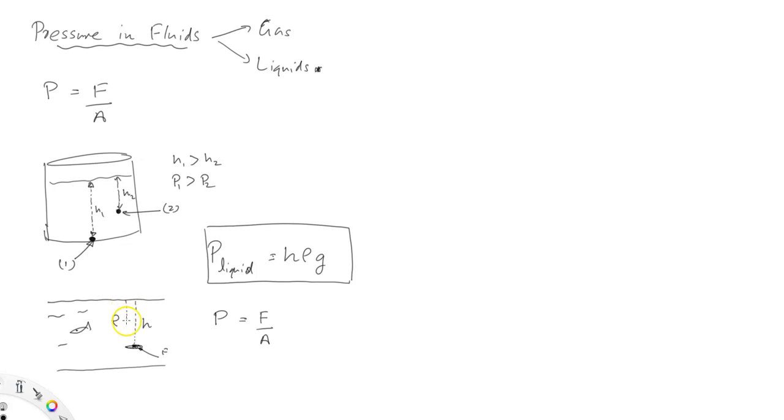If you consider a column of liquid above that, now here's the column of liquid, we can find the weight of this column, right? Weight, or mg, that's the force acting on this surface area down here.